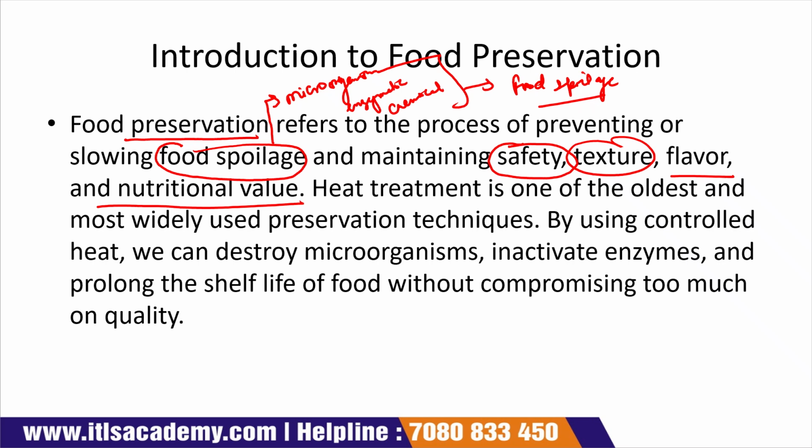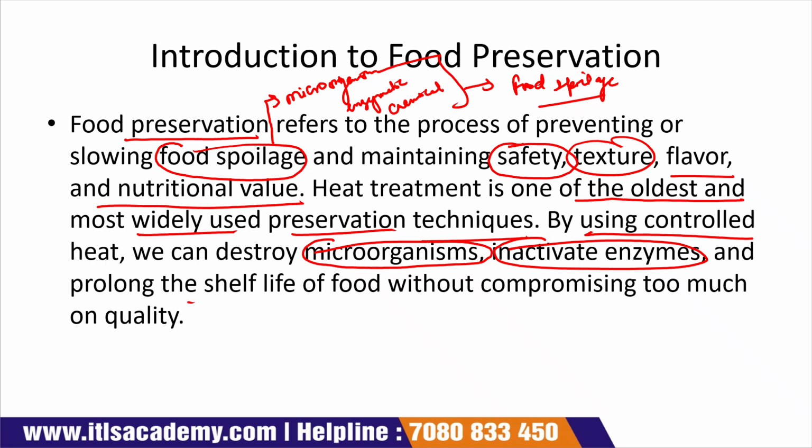Now, heat treatment is one of the oldest and most widely used preservation techniques. If we talk about preservation techniques, heat treatment is the oldest type, and it can be used widely. By using controlled heat, we can destroy the microorganisms, inactivate the enzymes, and prolong the shelf life of the food product. But when we apply heat, we have to apply it in a controlled manner.